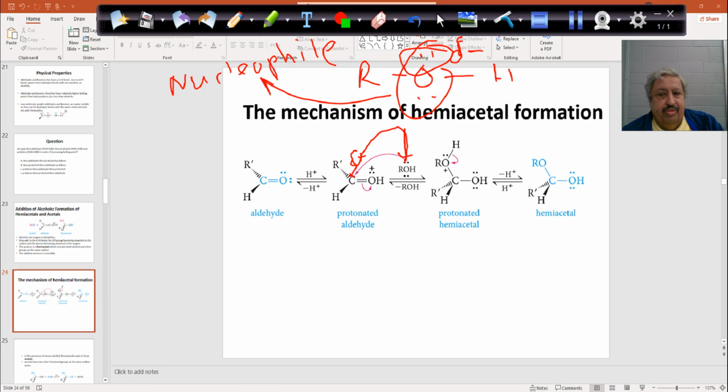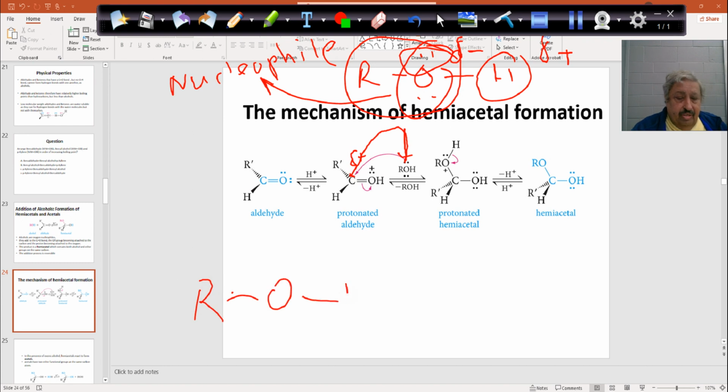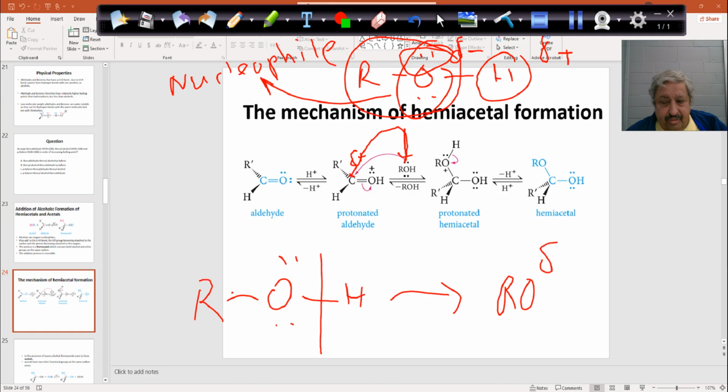And then we'll add up the OR and H, correct? The hydrogen is partially positive. So when you dissociate the alcohol, the dissociation will be like this: it's acting like a weak acid, RO partially negative plus the H partially positive.